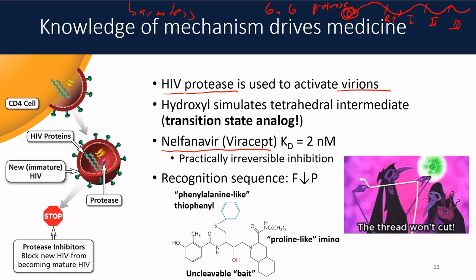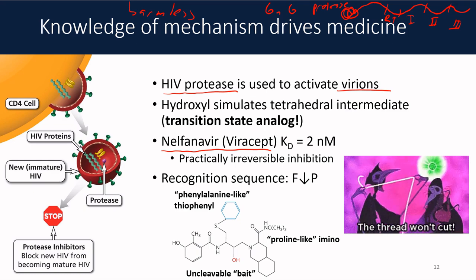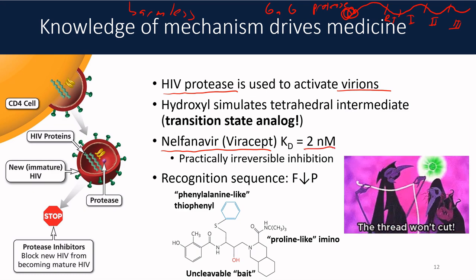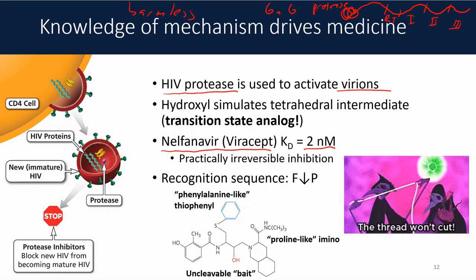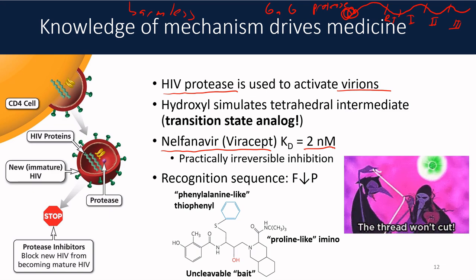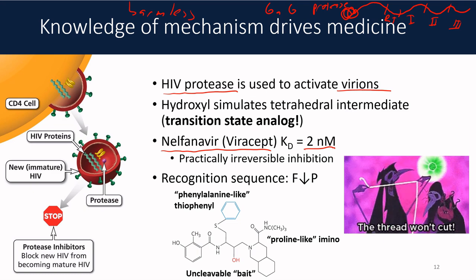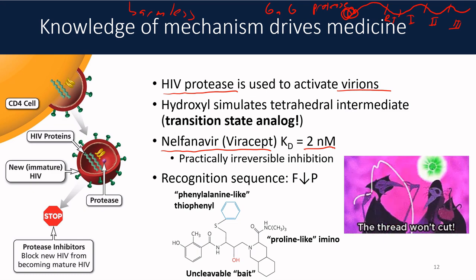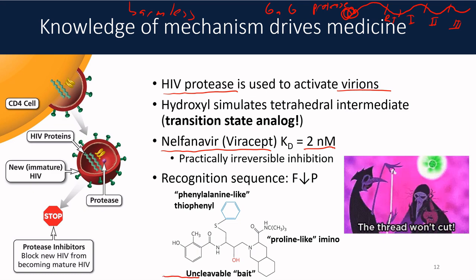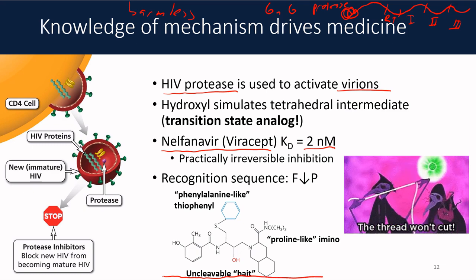It has a KD of 2 nanomolar, which is really impressive. It's considered practically to be an irreversible inhibition of the enzyme. And this is a picture of the drug right over here.